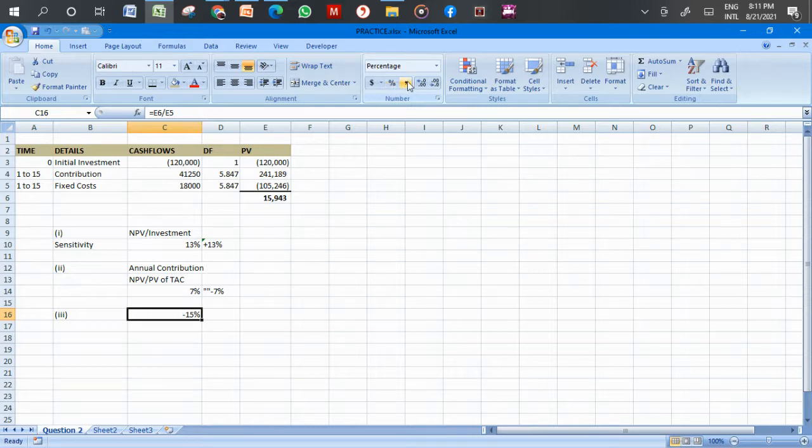So it will be again 15%, but this one should be a plus 15% because it's a cost. Okay, so these were just the calculations.